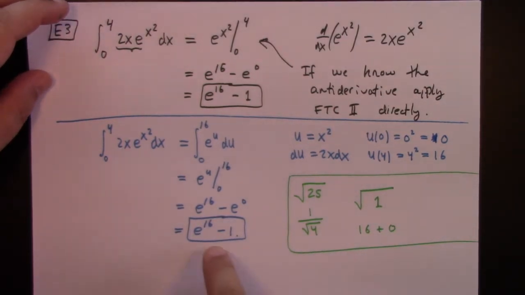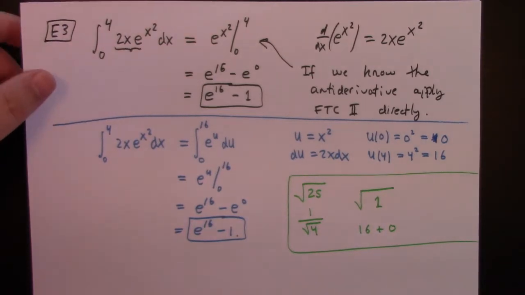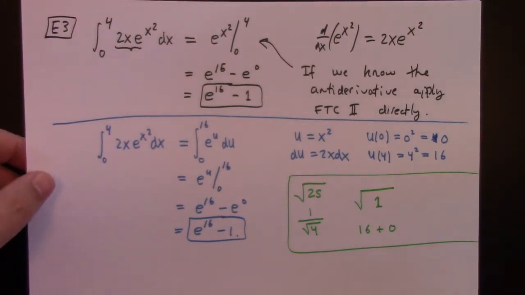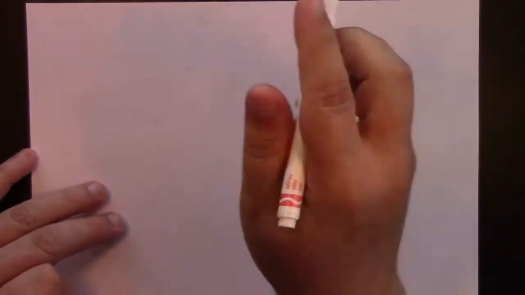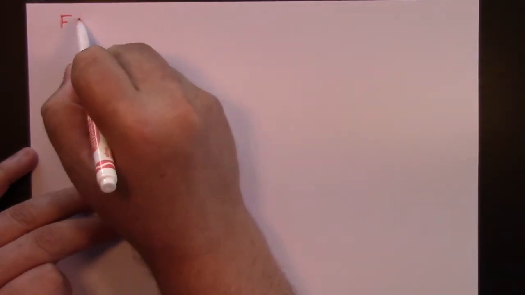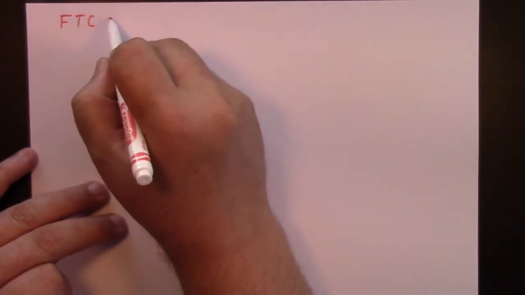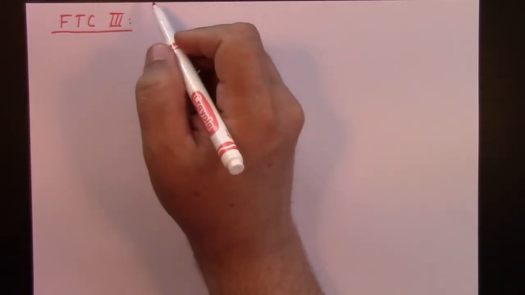So that's an example of u substitution changing the bounds. Let's see here. All right, the next fundamental theorem of calculus, and this is just my silly interpretation: FTC3. What is FTC3?